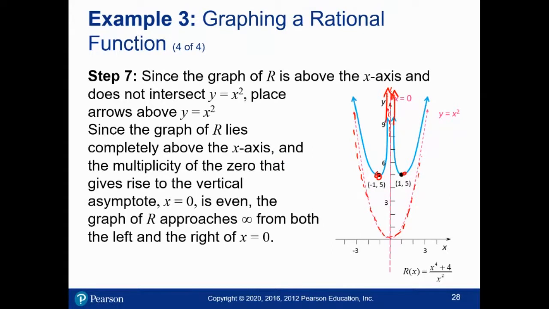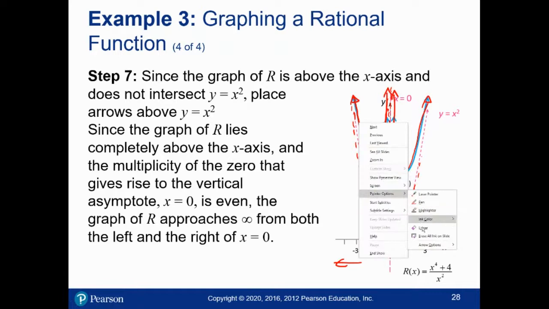So the graph has to come down from the vertical asymptote and hit this value. But then as x keeps going to the left, I'm just not allowed to cross the parabola, but I am supposed to get close to it. So really there's no other option. Similarly on the right, I have to come hit the test value. I have to keep going, and I have to get close to the parabola without ever crossing it. So there it is. That's what the graph looks like. I'll clear it out because their picture's better than mine.